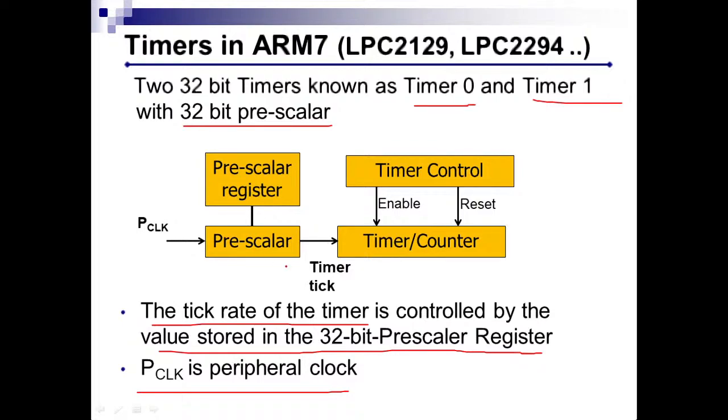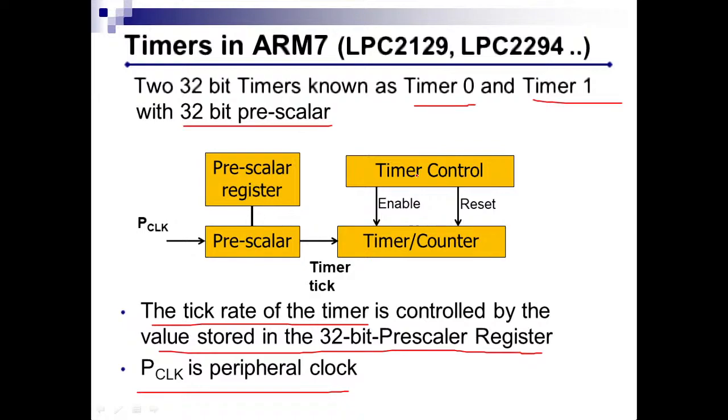But suppose you want to reduce the timer rate, then you can store 2 here. So the tick rate will be divided by 2, and at every 2 clock pulses, the timer will be incremented by 1. If you store 4 here, at every 4 clock pulses, the timer will be incremented by 1. If you store 8 here, then at every 8 clock pulses, your timer register will be incremented by 1, and so on.